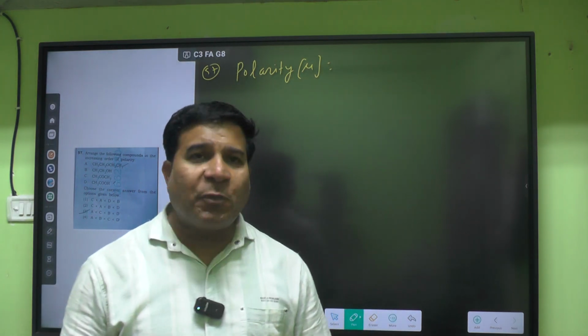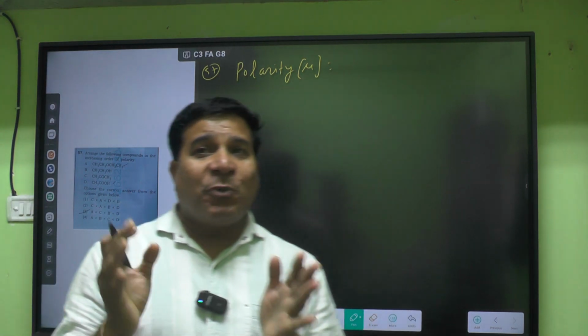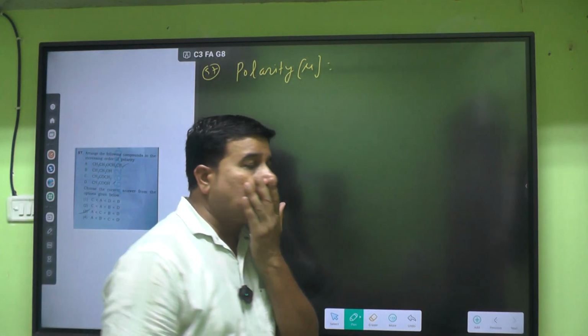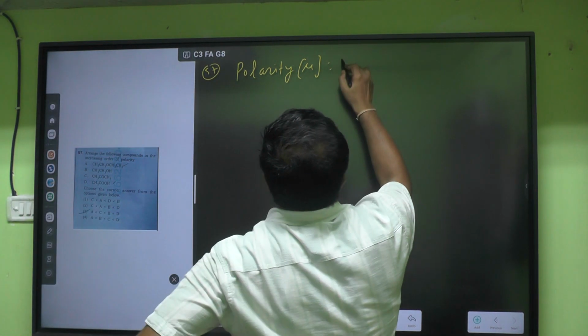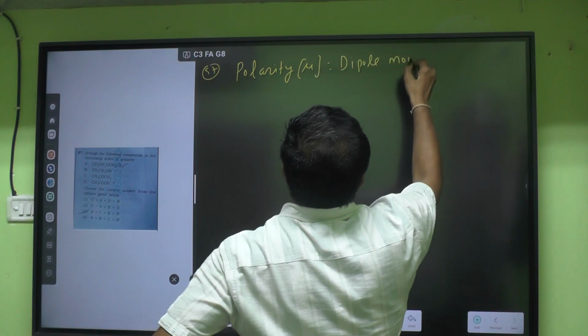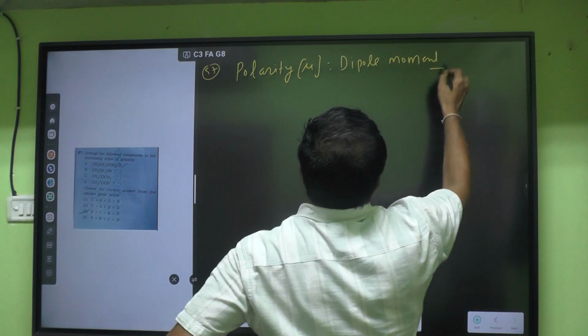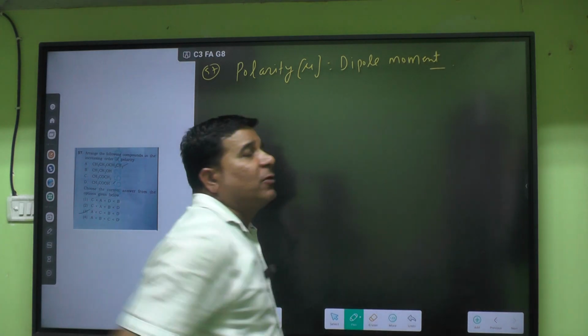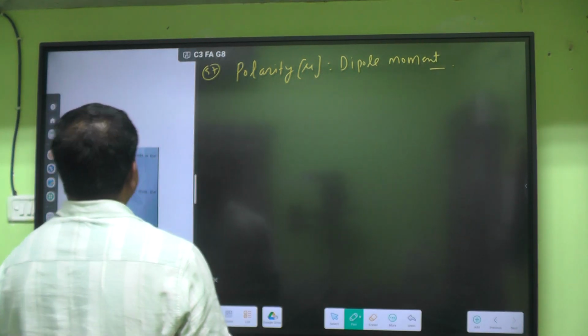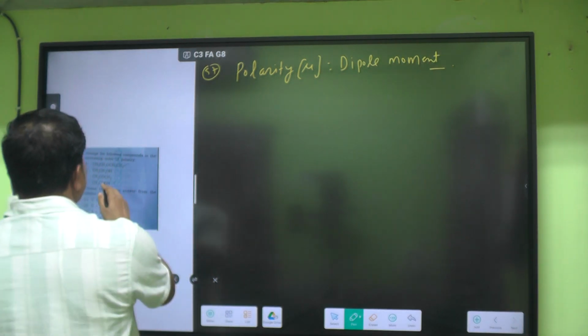More dipole moment means a more polar compound. So dipole moment defines the polarity of molecules. Now, which molecule is more polar?